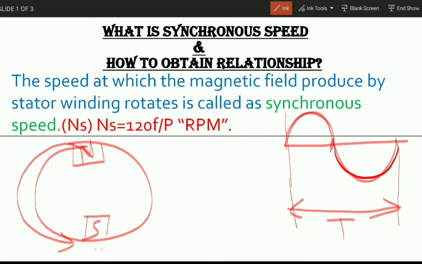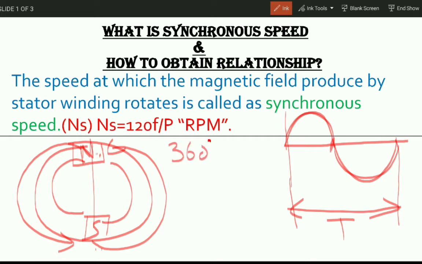Then for the second part, this north shifts again to here, so it becomes north again. One time it is 180 degrees, another time again 180 degrees, so totally it completes 360 degrees.